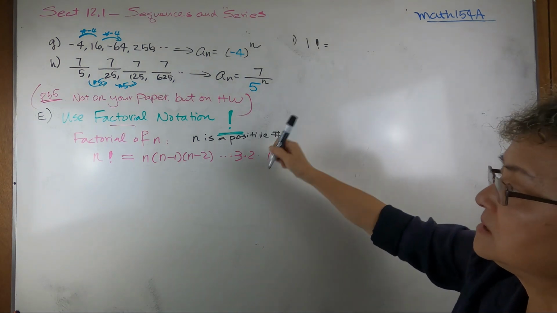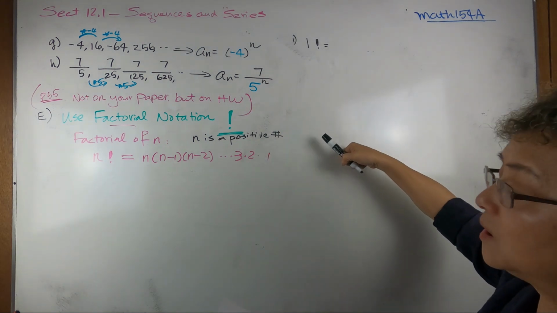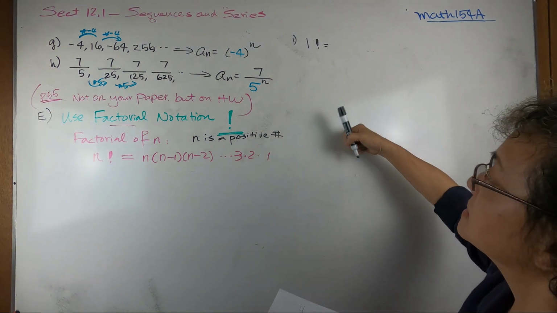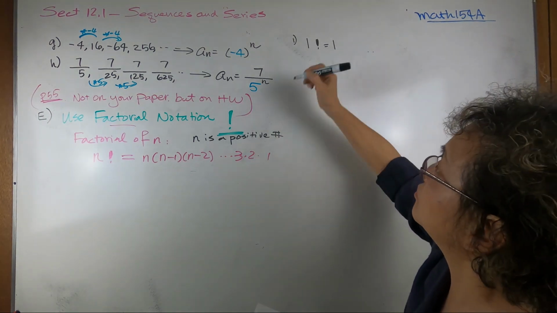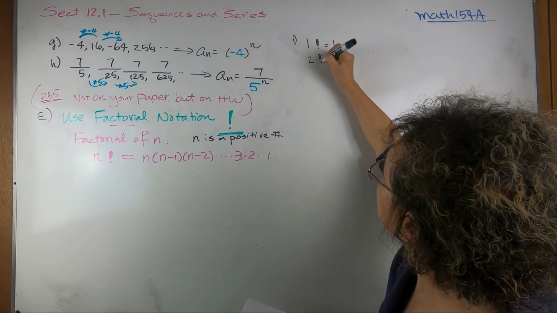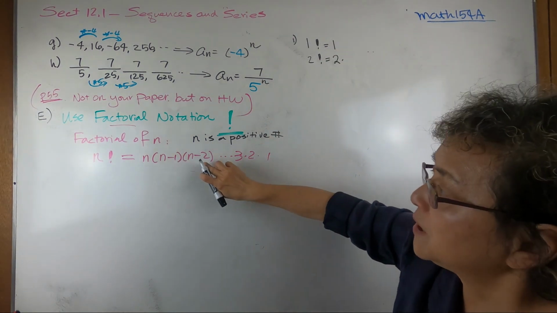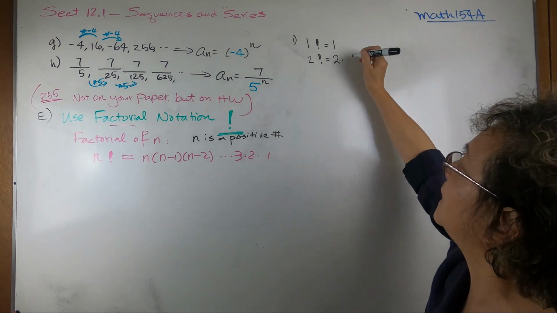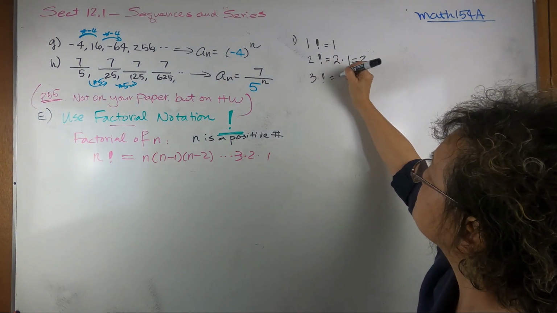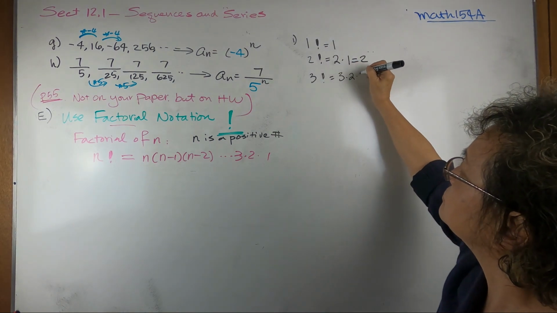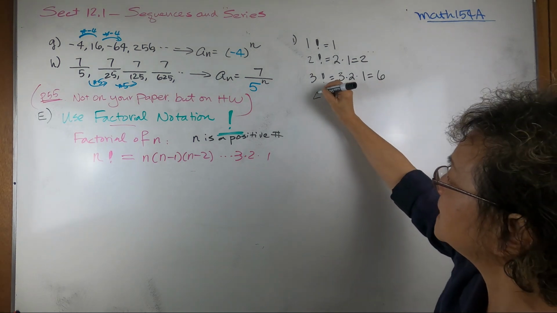It means you multiply all the numbers smaller than it. So this one will be just 1, because you end up with 1. What does 2 factorial mean? You start from 2, then reduce by 1 until you hit 1. So that would be 2. 3 factorial means 3 times 2 times 1. That would be 6. Okay?